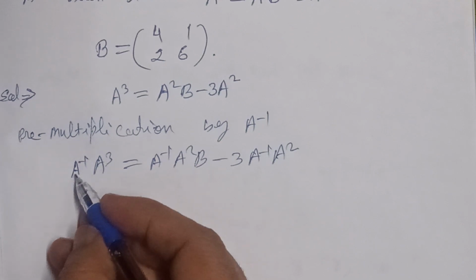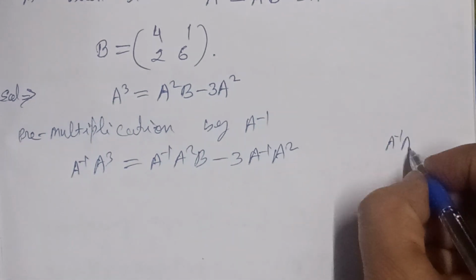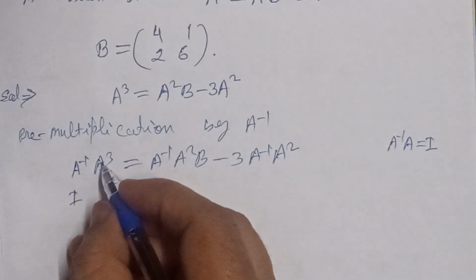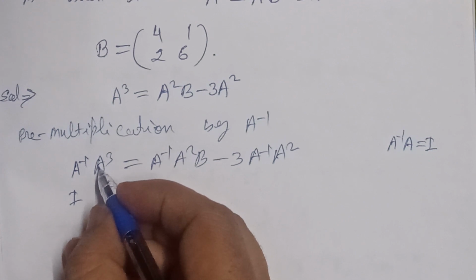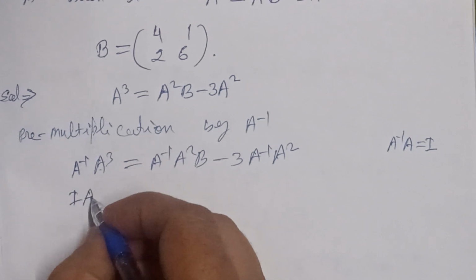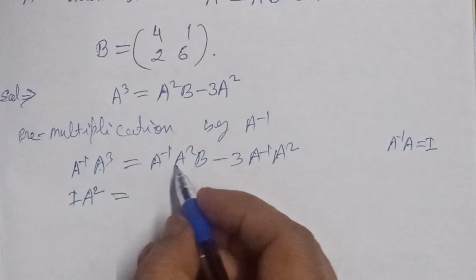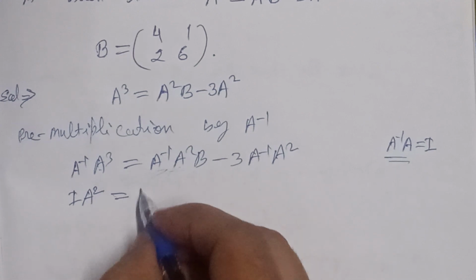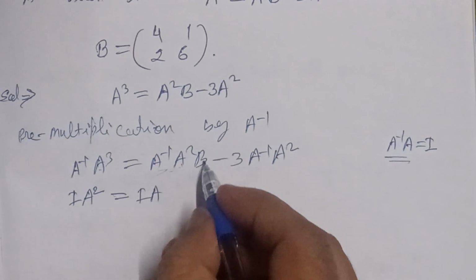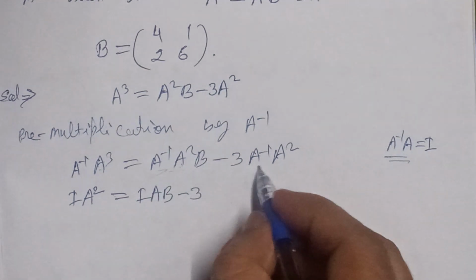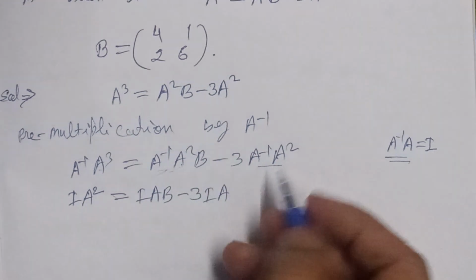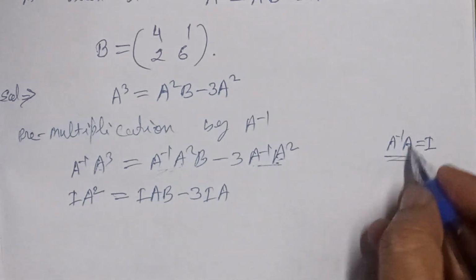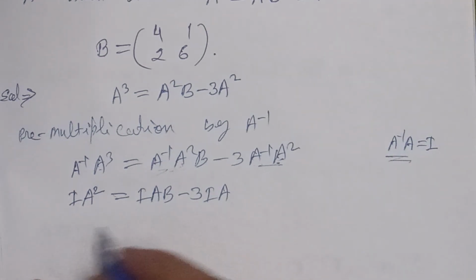Take one power from here and A inverse A becomes I. On taking one power of A, the remaining power of A is A square, and we get I times A here, and minus 3, also I times A.